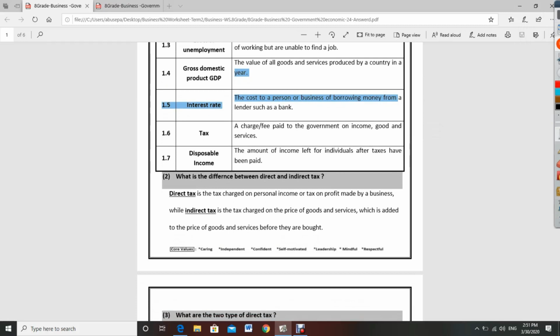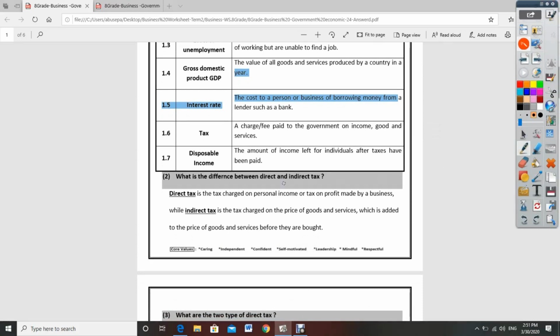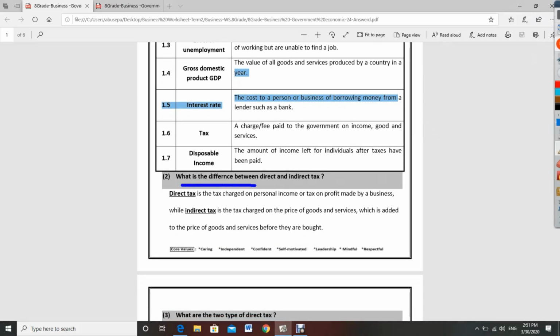Let's go to question number 2. What is the difference between direct and indirect tax? We have two types of tax, direct and indirect.